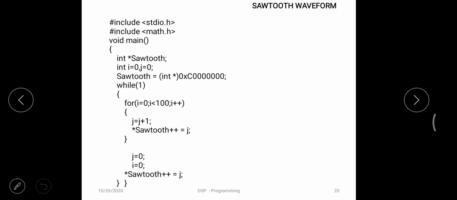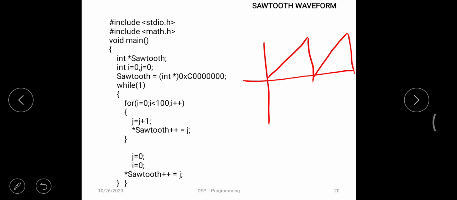Coming to the sawtooth program. We all know that we'll have a linear curve and a sudden decrement to 0. It is a sudden falling to 0, and this will be your sawtooth. First, similar to the previous square waveform, I have taken three variables: sawtooth, i and j.